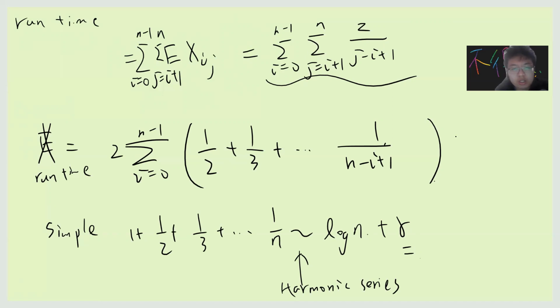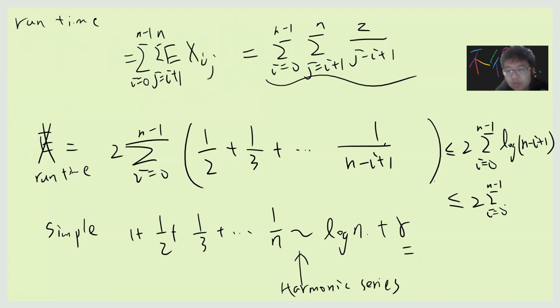So this is bounded by 2 times the sum over i from 0 to n minus 1 of log of n minus i plus 1, which I can bound by 2 times the sum over i from 0 to n minus 1 of log n, because log of n minus i plus 1 is less than or equal to log n.